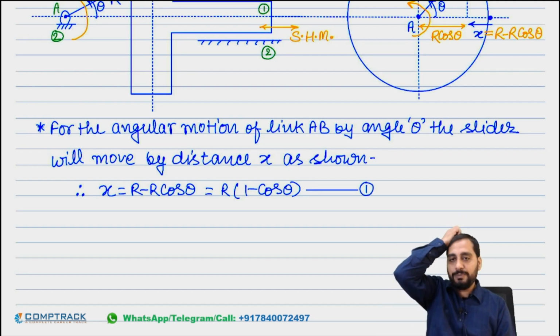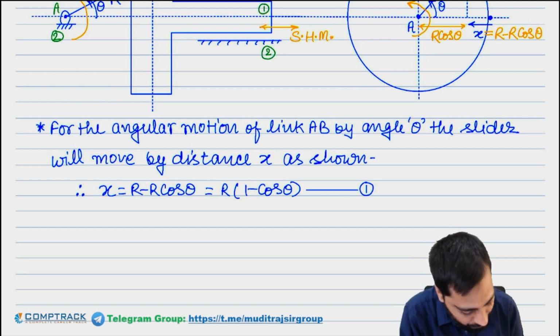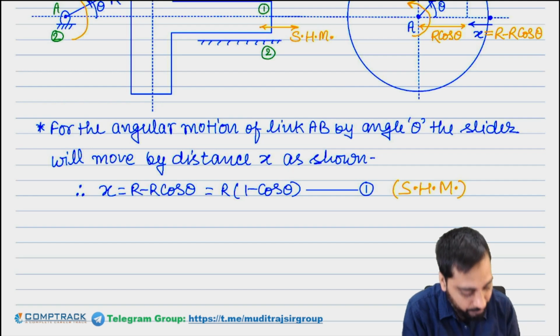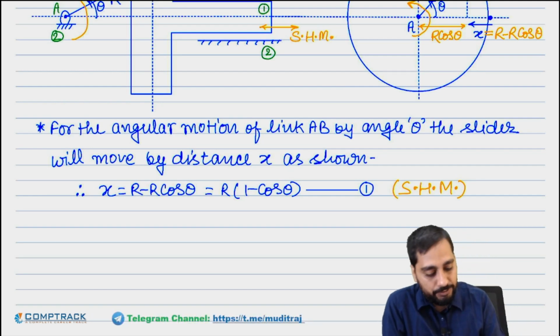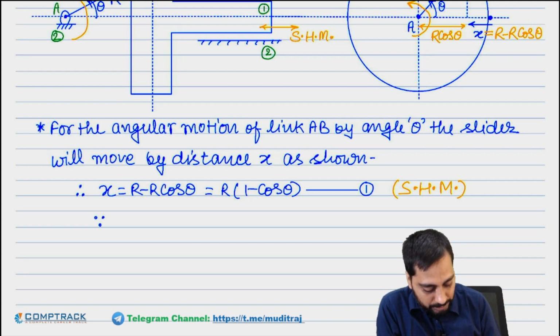So when the displacement is a function of sin theta or cos theta, always it will be an equation of SHM. Okay. So here x you have found. Now because the link is rotating with constant omega, what will be the value of omega?